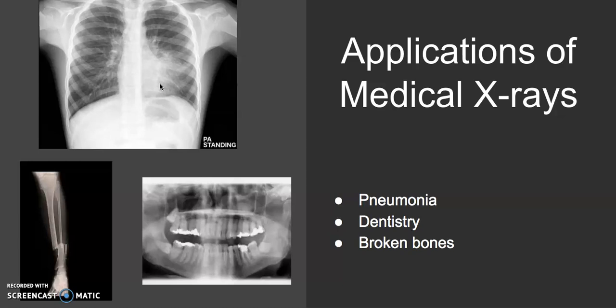It's also why you use X-rays to diagnose tuberculosis, because you have this higher density of the bacterial infection in the lungs than the lungs themselves. And so you can see that infection really clearly.